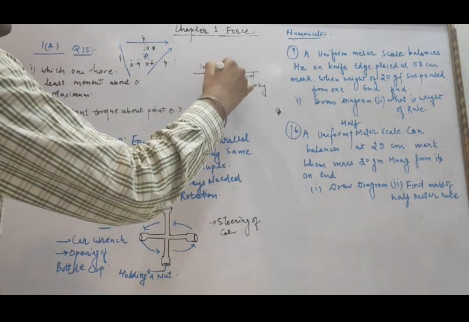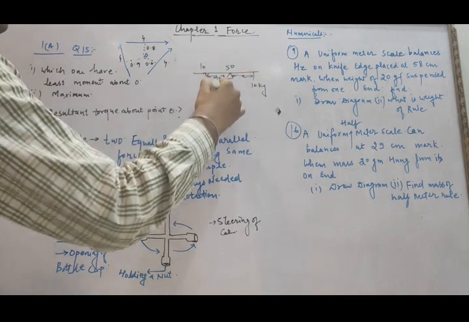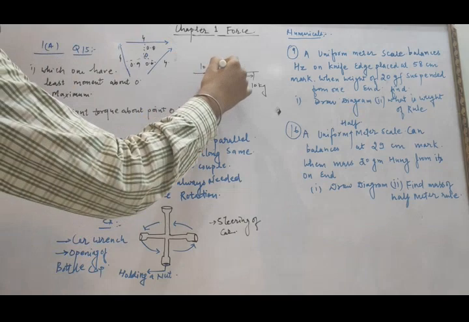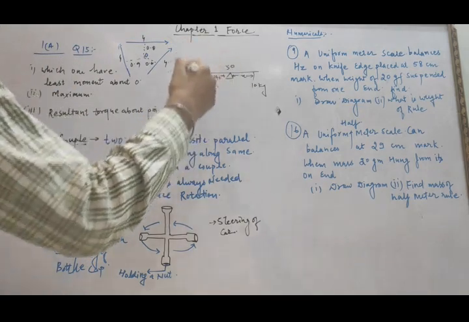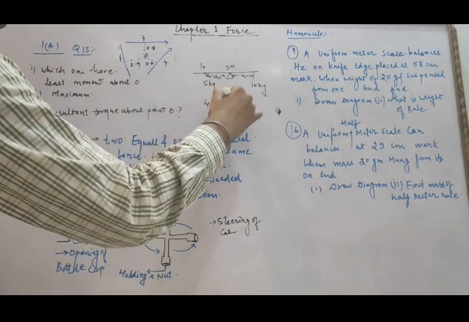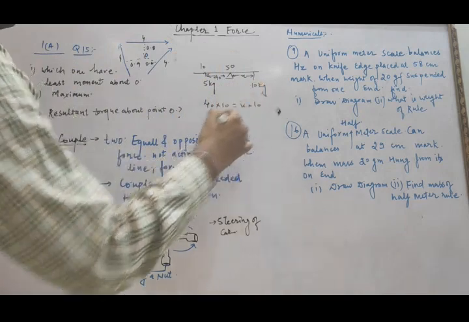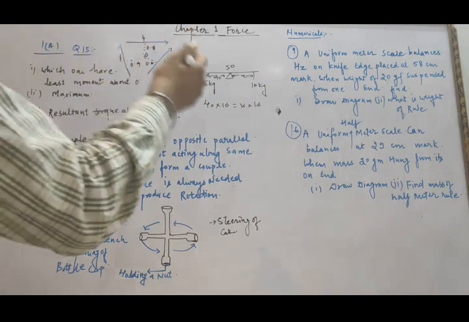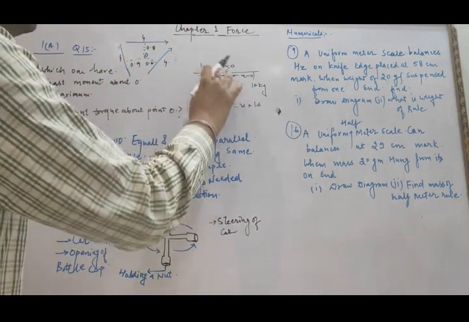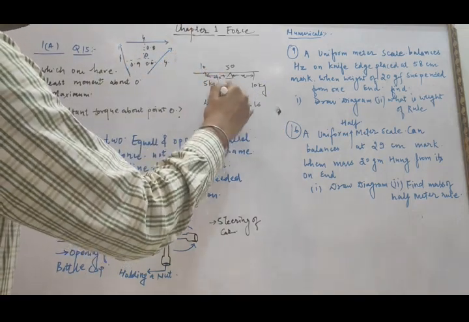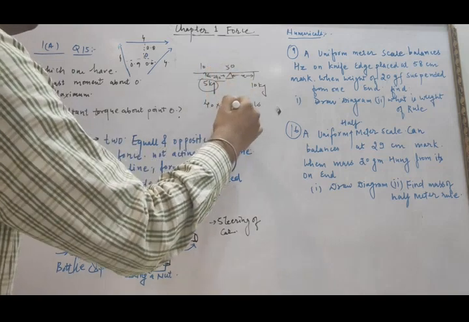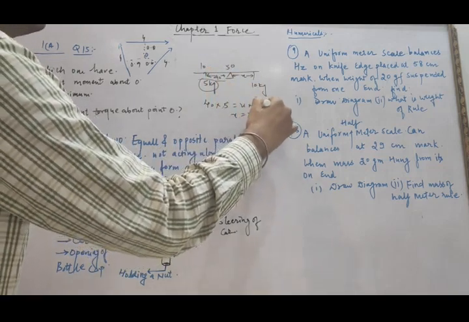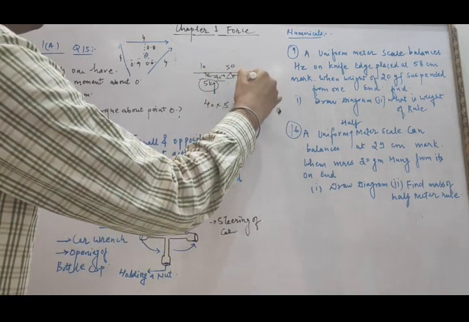We know this distance is 40 centimeter, so weight into distance from the center point: 40 into 5 equal to x into 10. Then x will be 20 centimeter, meaning this should be 20 centimeter.